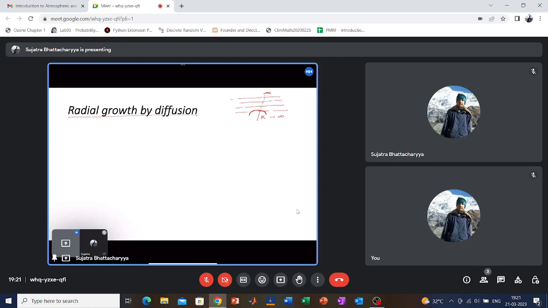Now let us consider that Es is the saturation vapor pressure. Now rho is the density.